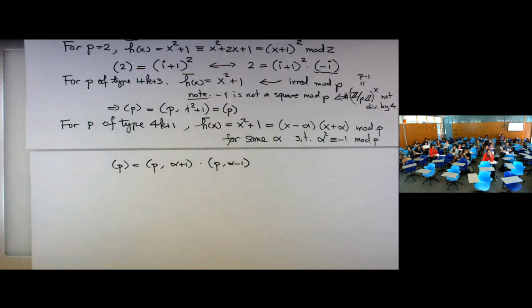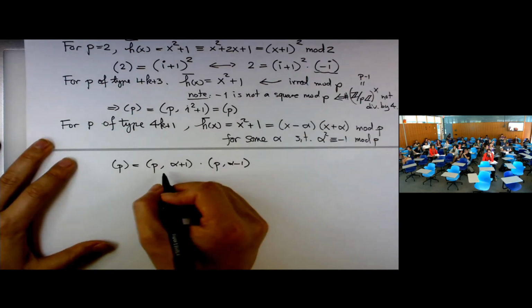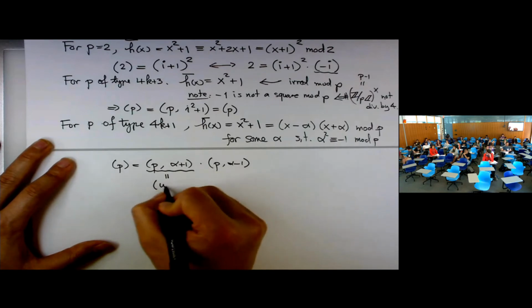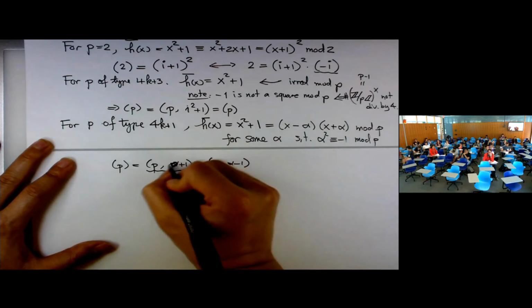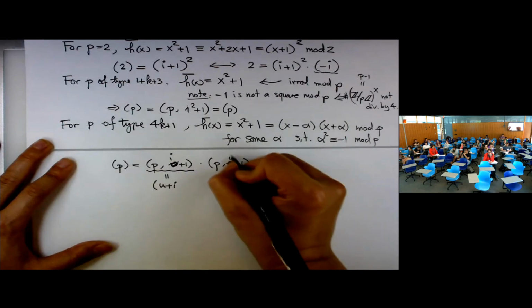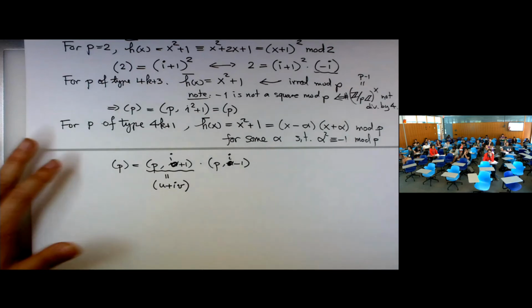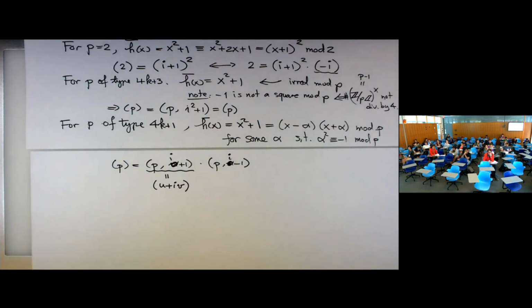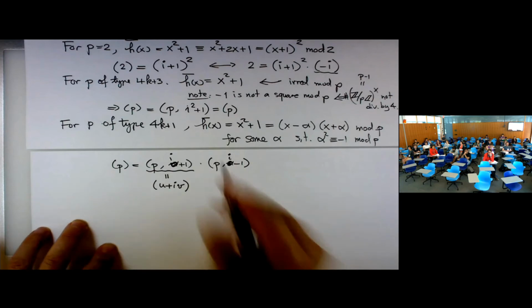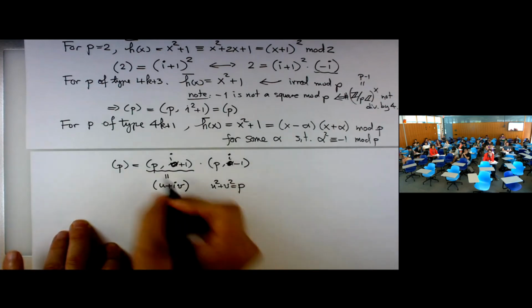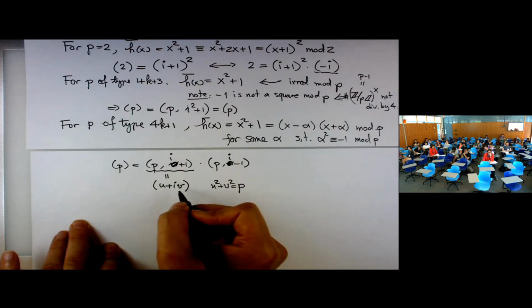Sorry, yeah, that's fine. Let's leave it like this. It will require some work to show that this is actually equal to some u plus i, where alpha is i. It will require some work to show this is actually a principal ideal. You can find a u plus iv such that u squared plus v squared equals p. So p is a multiple of this one.